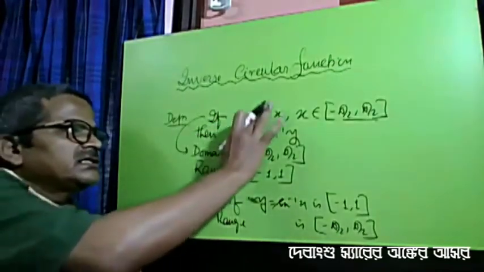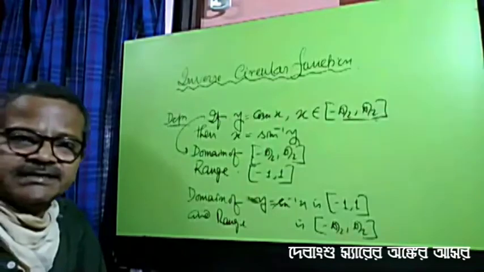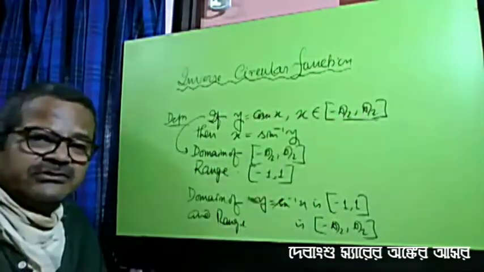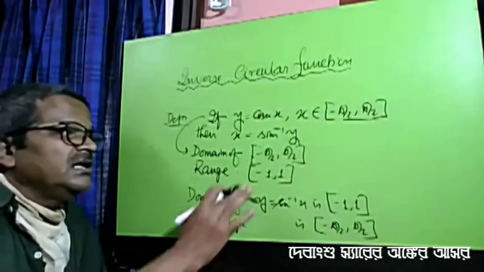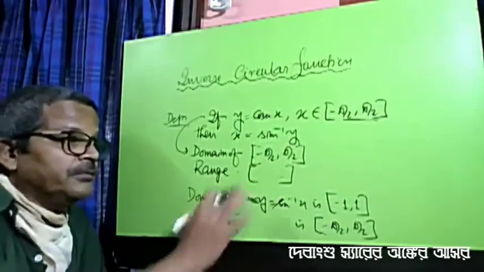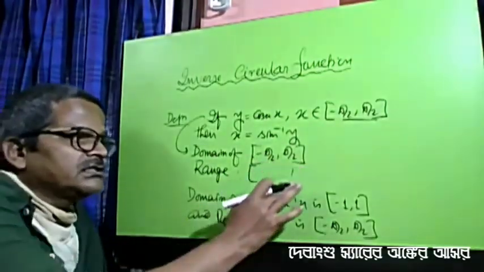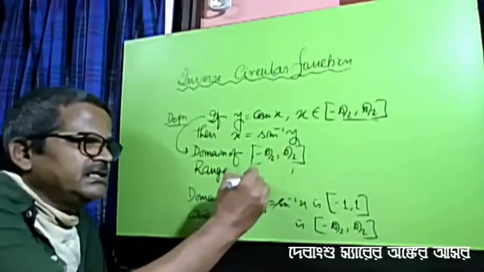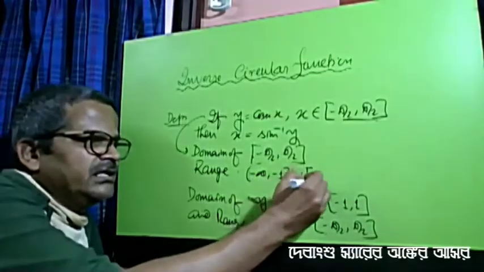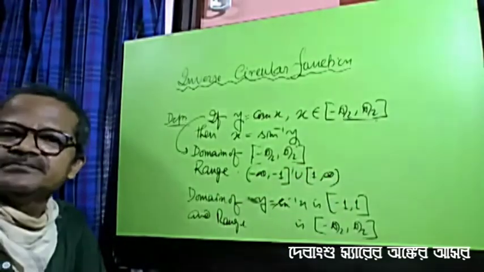What if it is cosec x? Cosec x has this PVR, we know that. The domain is minus pi by 2 to plus pi by 2, excluding 0. And what was the range? The range is minus infinity to minus 1 union 1 to infinity.